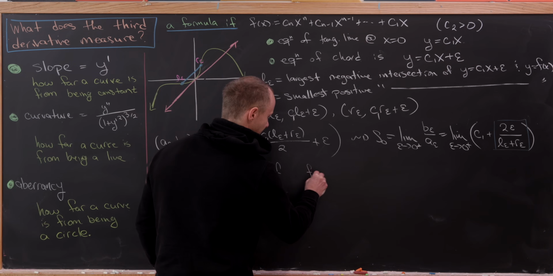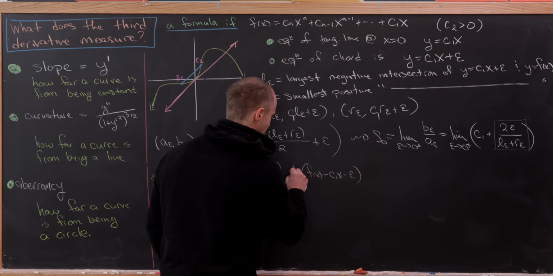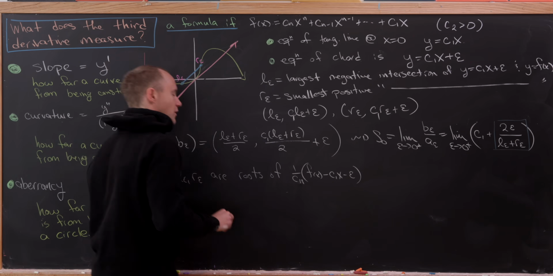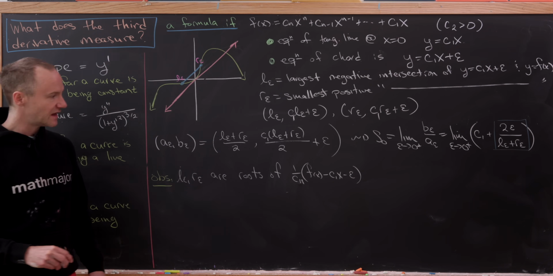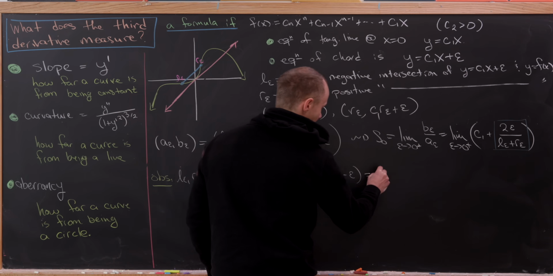So we've got f of x minus c1 x minus epsilon. But then I'm going to multiply this whole thing by 1 over cn, so I have a monic polynomial.